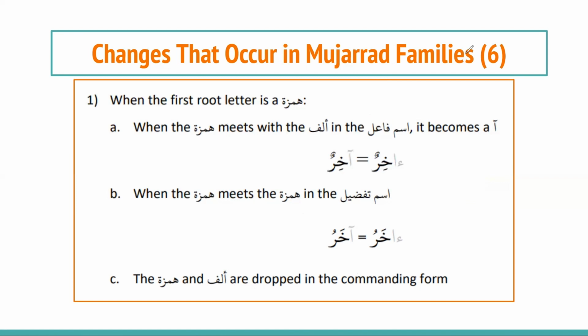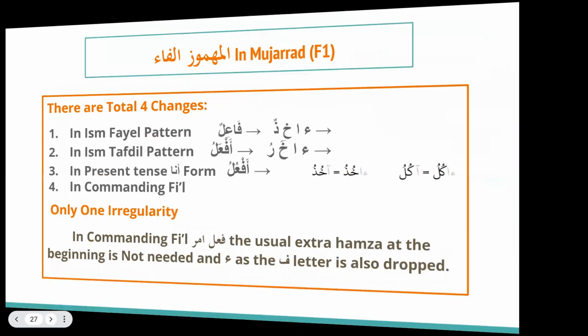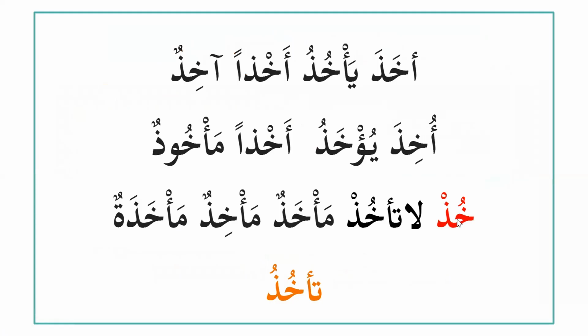Let me clear this and go to the next slide and see it. Actually, let's go to this one. So you saw what we did. We had ta'khuzu, the anta form. Then what we do is we first remove the ta, put a sukoon, make it lightest, and then we put an extra hamza.